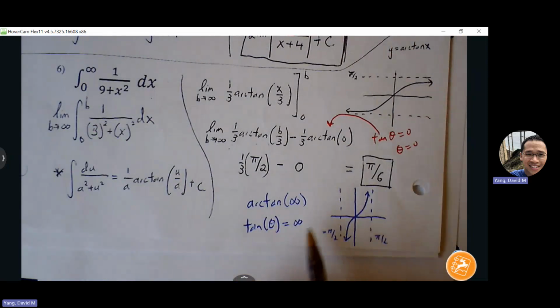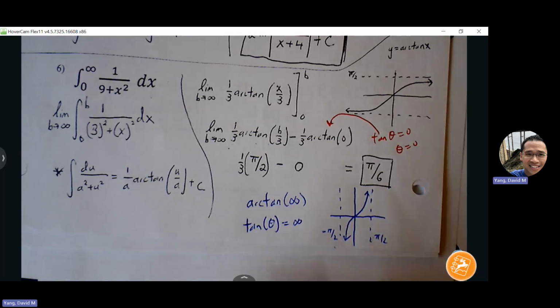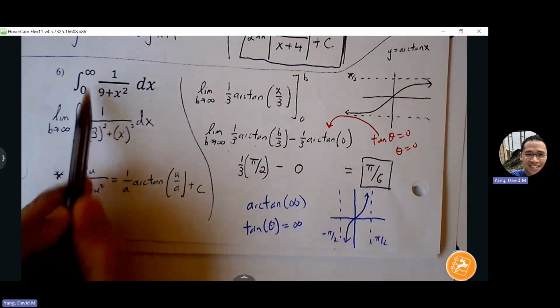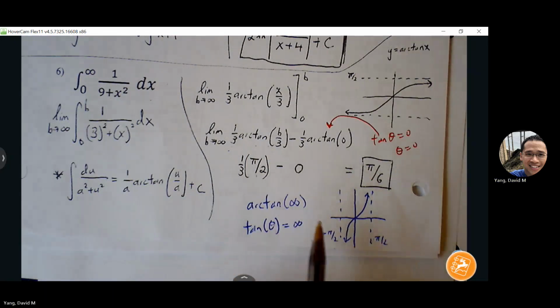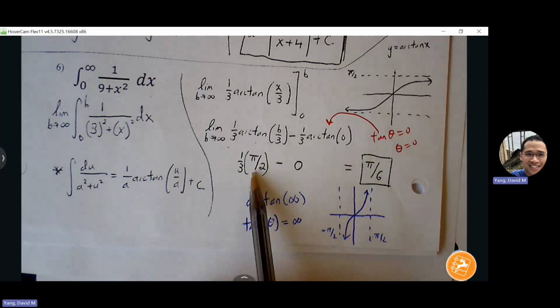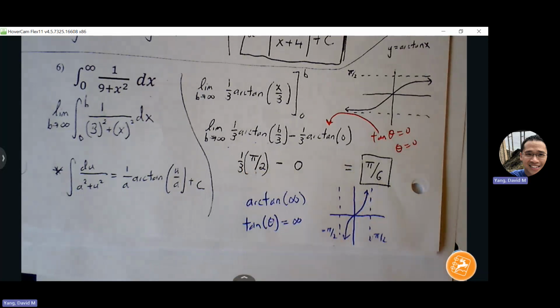If we look at the graph here, tangent of pi over 2 is where infinity occurs, because as you get closer towards pi over 2, that's where infinity occurs. I mean, it's also negative pi over 2, but negative pi over 2 is not within our interval. So it makes sense that that's where the vertical asymptote is. That's where my tangent is headed towards infinity, right around pi over 2.